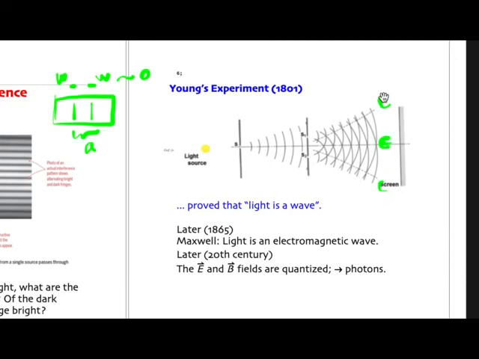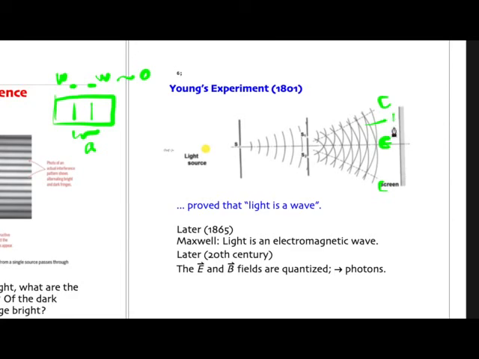And between the regions of constructive interference, there's a region where the waves are 180 degrees out of phase. The crest of one wave would be coincident with the trough of the next wave. If you add the crest and the trough, you get 0. So you'd have no intensity in these directions.